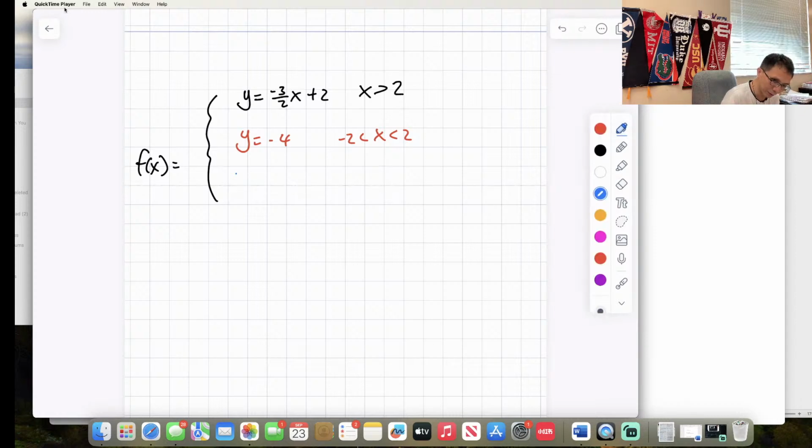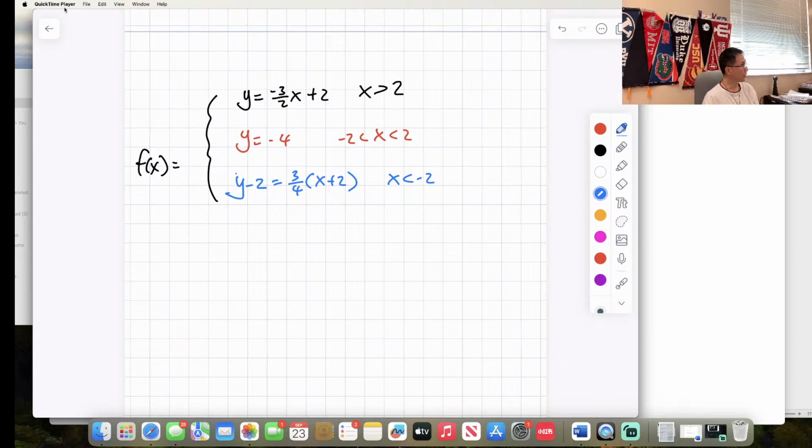Let me use blue. So it's going to be y minus 2 is equal to 3 over 4 x plus 2, and when x is less than -2. Okay, so let's start with this.